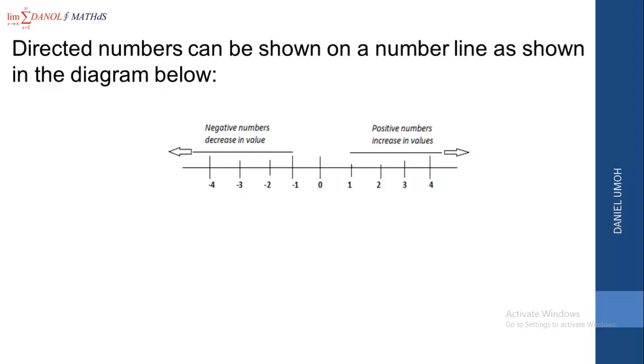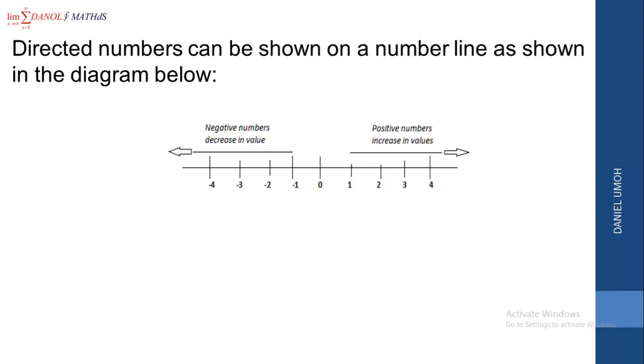What we mean is that 2 is bigger than 1. The next number is 3, and 3 is bigger than 2. The next number is 4, then 4 is greater than 3. So it means that positive numbers are always increasing in value.